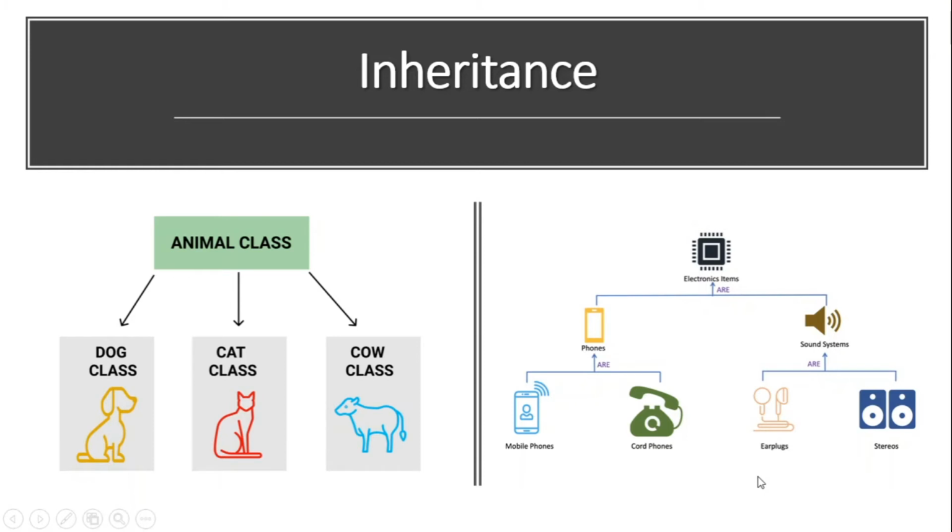The same thing here. We can have earplugs and stereos, and they're all going to inherit from a sound system. So the idea here again is very simple: creating a class from a class that has already been created. This again will make the process of creating objects using object-oriented programming a lot easier.